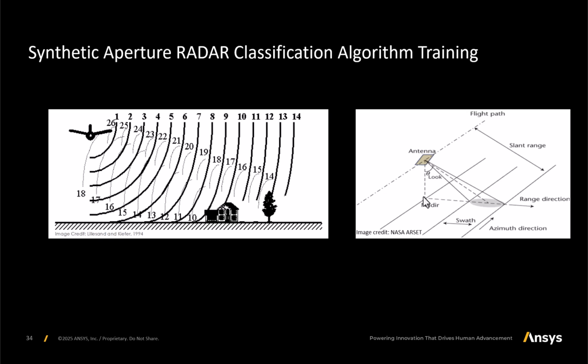But if you are looking with a side angle, then you will start seeing different reflections from different ranges. Look angle is the angle between the normal to the ground and the direction in which the main lobe beam is focusing.